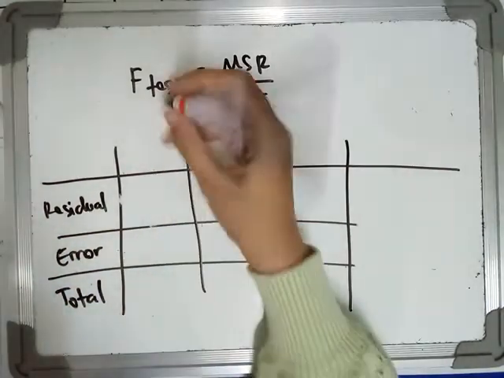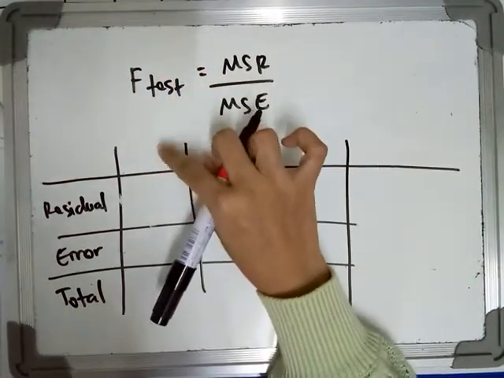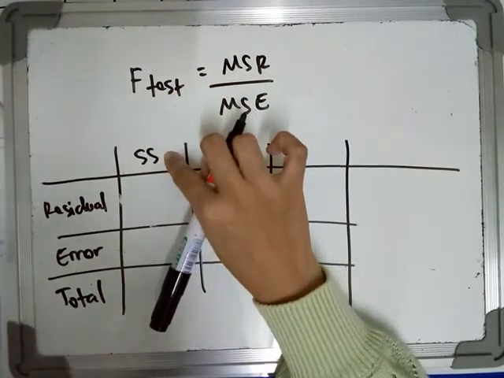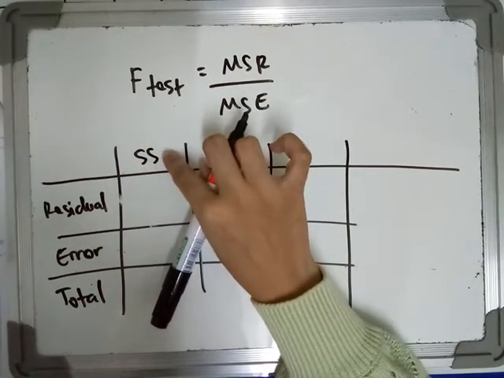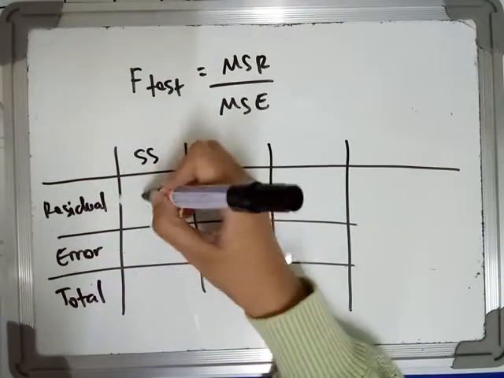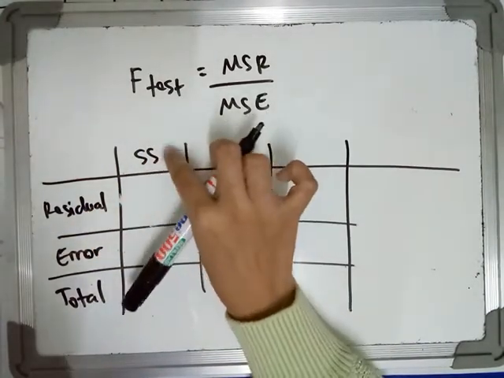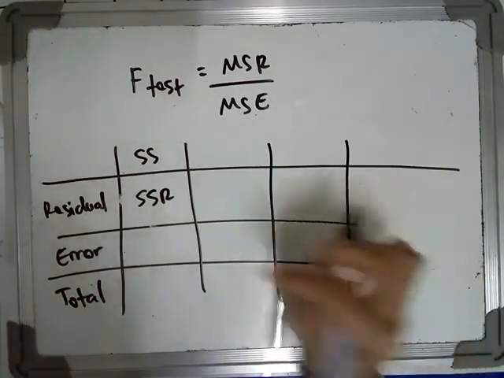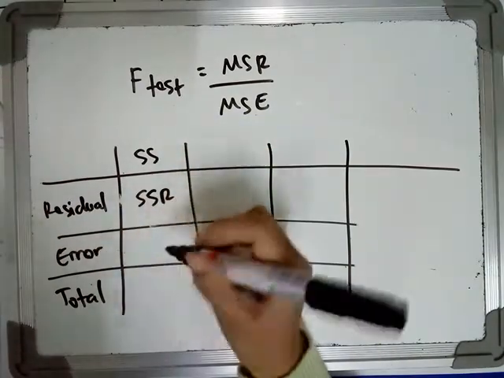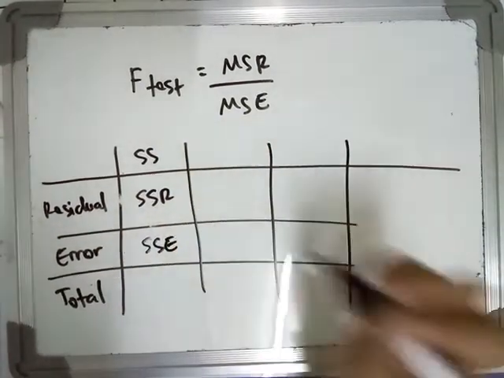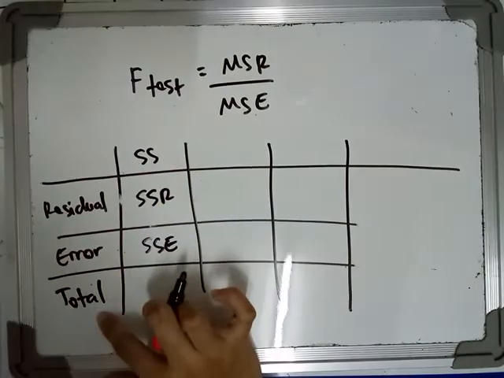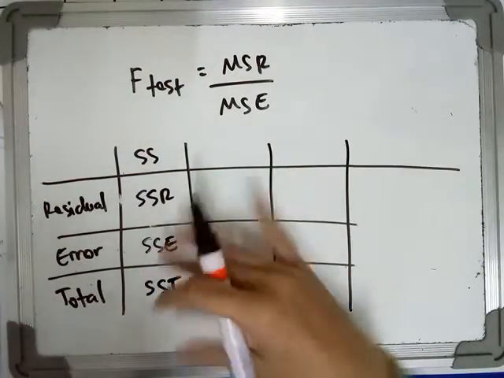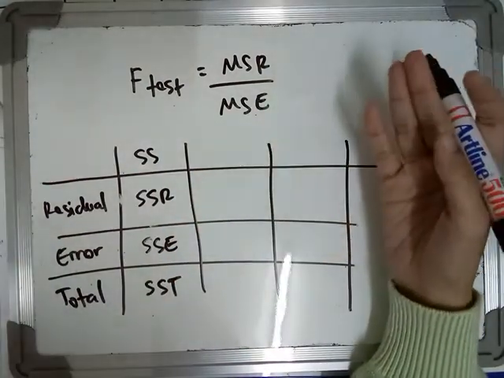The first column is sum of square, short form SS. We need to calculate the sum of square for residual, and we get SSR. Then we calculate the sum of square for error, and we get SSE. We calculate the sum of square for total, and we get SST. How to calculate this, I will explain later based on the example.